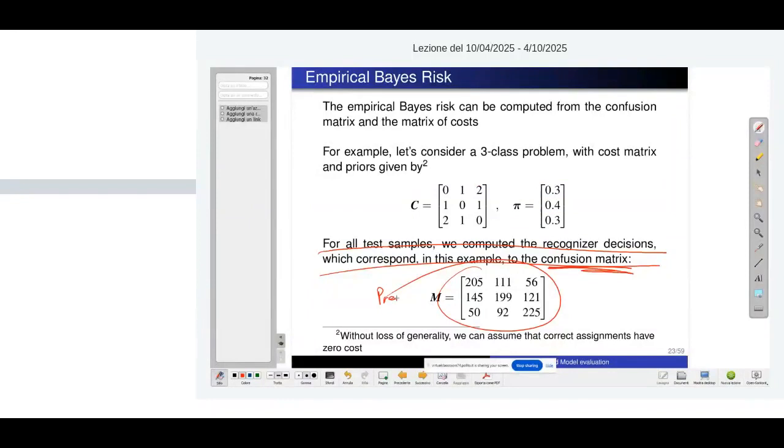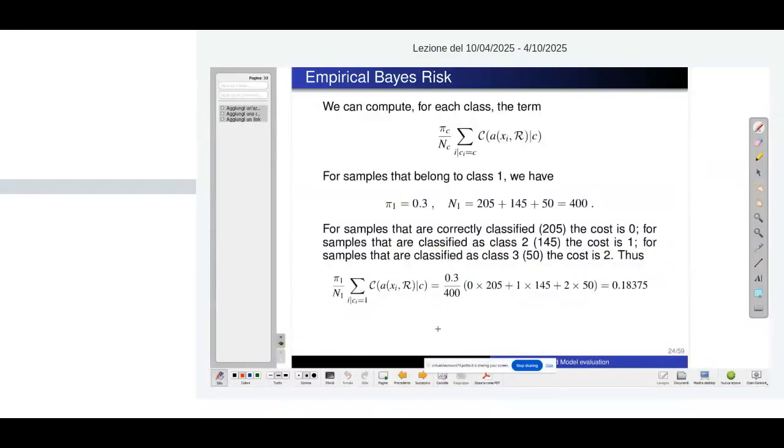Here is the prediction 1, 2, 3, and here is the label 1, 2, and 3. So for example, 205 samples of class 1 are correctly predicted as class 1, while 50 samples of class 1 are incorrectly predicted as class 2.